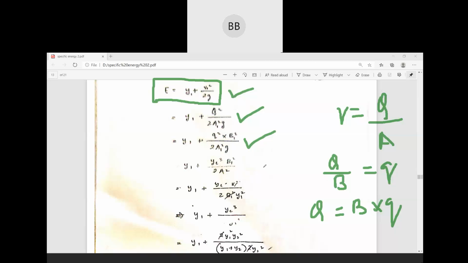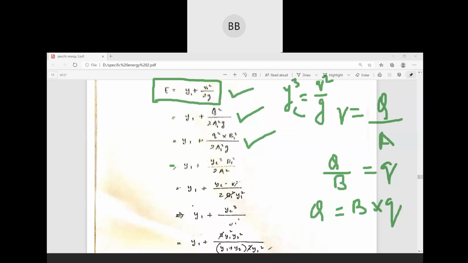As in the previous case, how we replaced the discharge. Then again we bring that yc value: yc cube for a rectangular channel is nothing but q square divided by g. So that q square divided by g, we bring yc cube, b1 square will be there divided by twice a1 square.